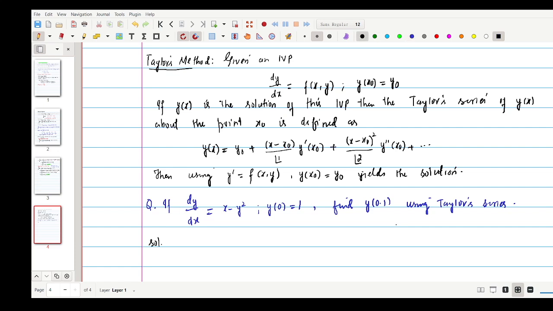What we are given here is the function f of x y, which is equal to x minus y square. We are given x0 equal to 0 and y0 equal to 1. So we are given y of 0 is equal to 1, that is x0 is equal to 0 and y0 is equal to 1.